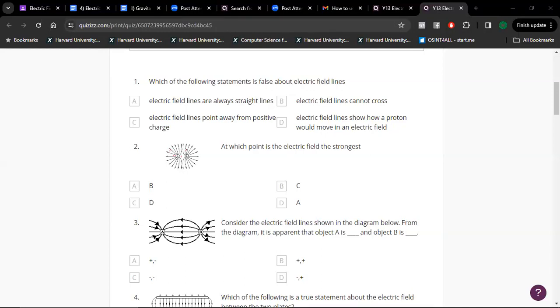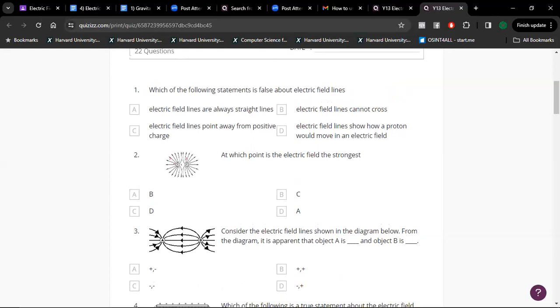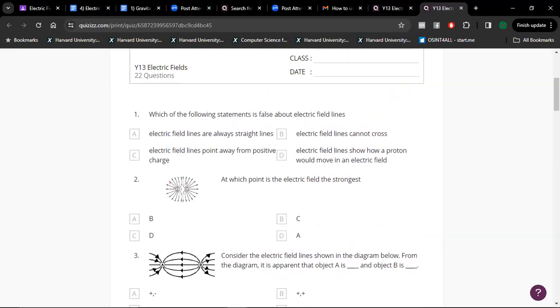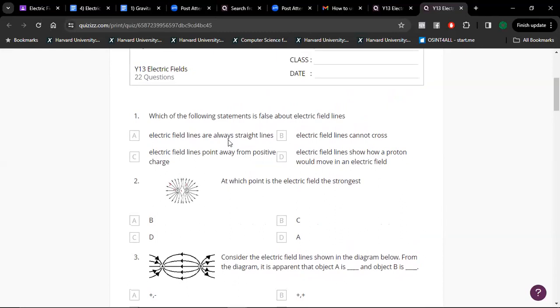So the first question asks which of the following statements is false about electric fields. A: electric field lines are always straight lines. B: electric field lines point away from positive charge. C: electric field lines cannot cross. And D: electric field lines show how a proton would move in an electric field.